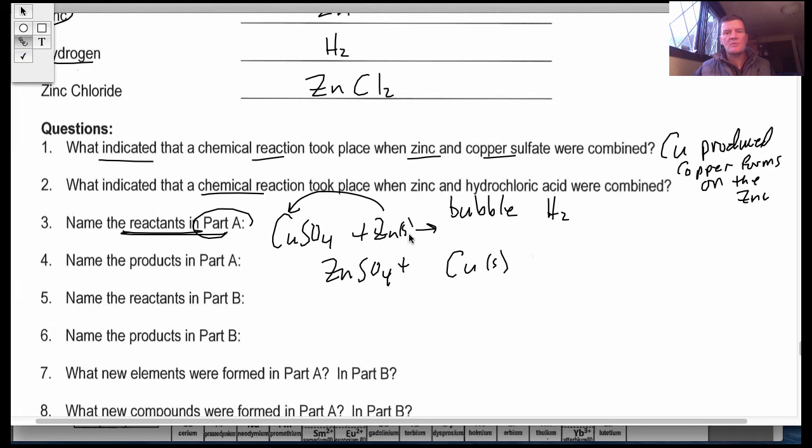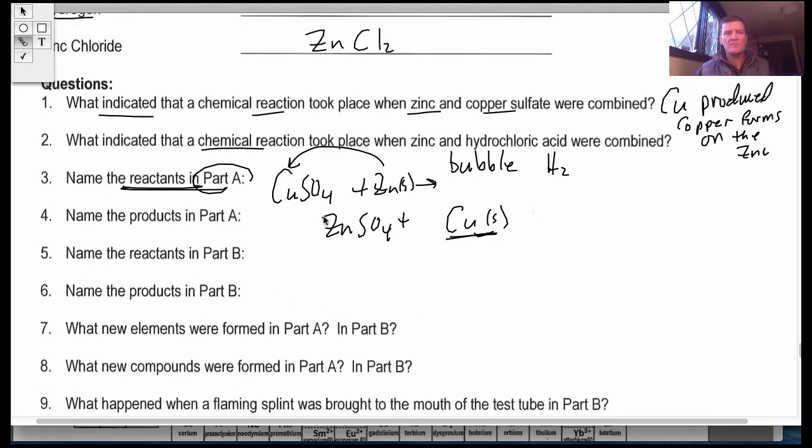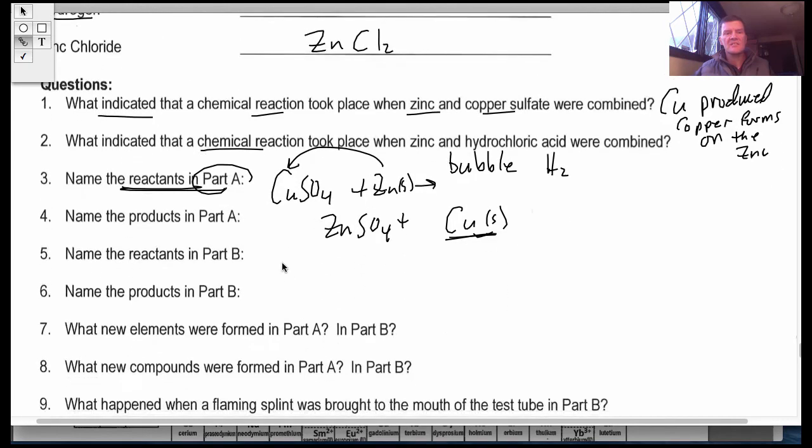So the zinc was the solid, we put that in the copper sulfate solution, then the zinc goes and starts to form the compound in the solution, and the copper starts to form the solid, as I'll show you. For part B, it is the HCl and the zinc. So the HCl and the zinc is by itself. Now the zinc is going to singly, it's a single atom, a single element that's going to kick out the hydrogen. And this is going to make then the zinc chloride, and this is still dissolved in water, but then the hydrogen comes out and you start to see those bubbles.